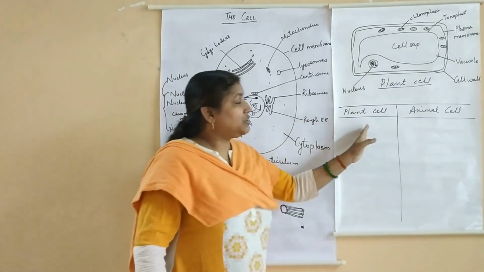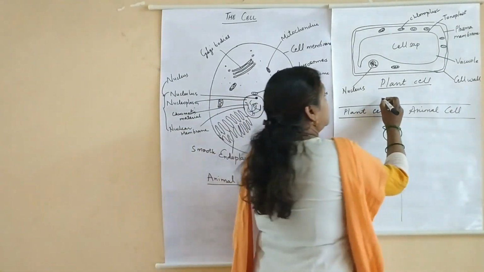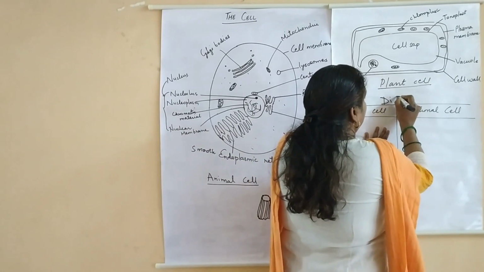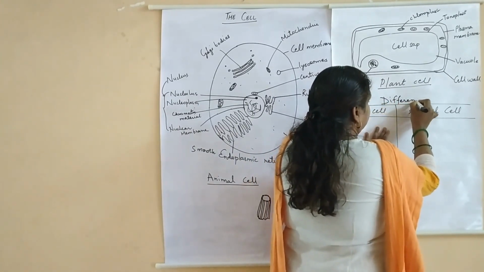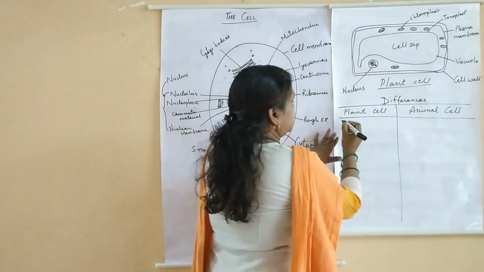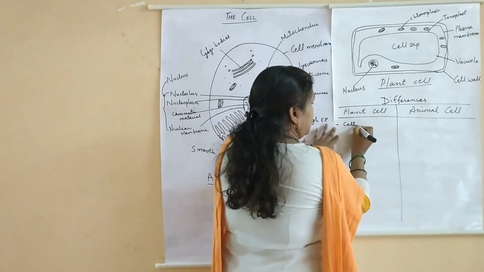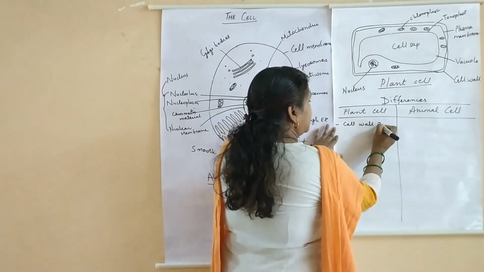Now coming to the difference between plant cell and animal cell. First, cell wall is present.